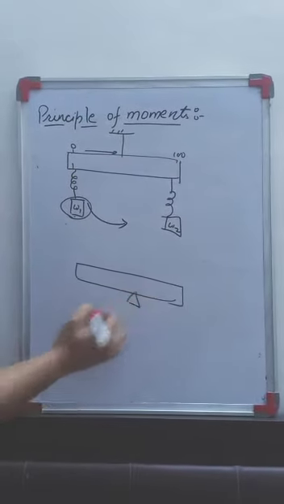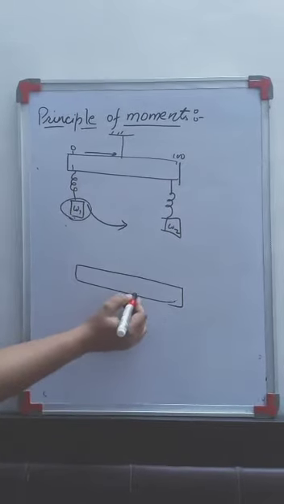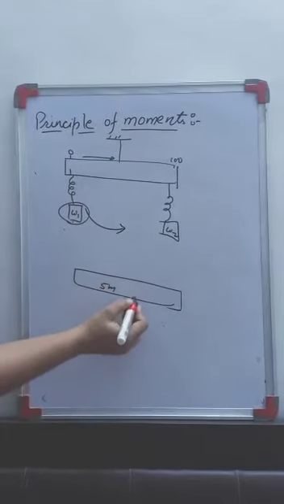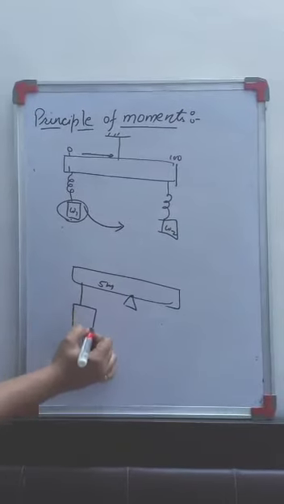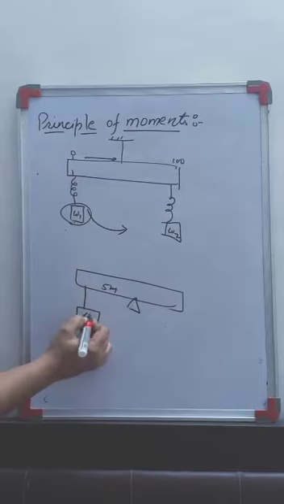The seesaw is balanced at the center, and at a distance of 5 meter from the pivot point, a person is sitting with a weight of, for example, 6 kg.